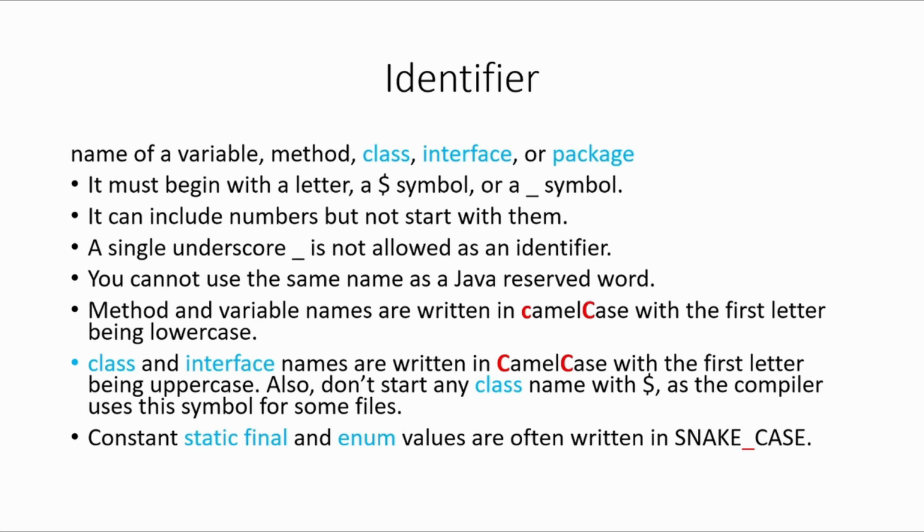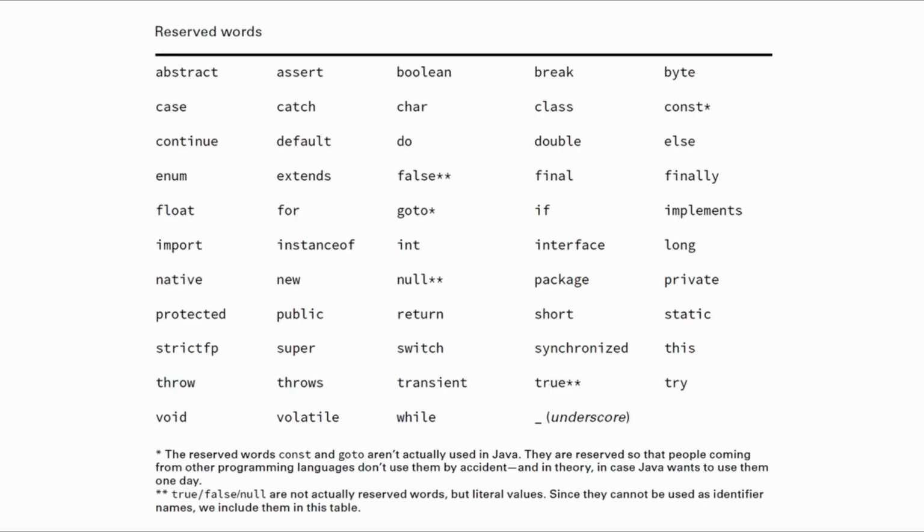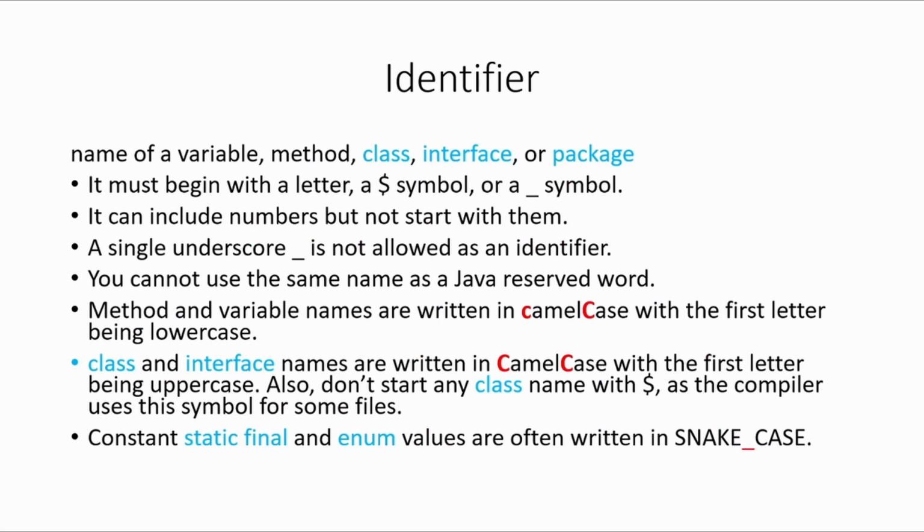Reserved words are all your data types and some literal values and access modifiers and anything which I highlight in this and previous and future videos in blue. Those are the reserved words, so you cannot use them.